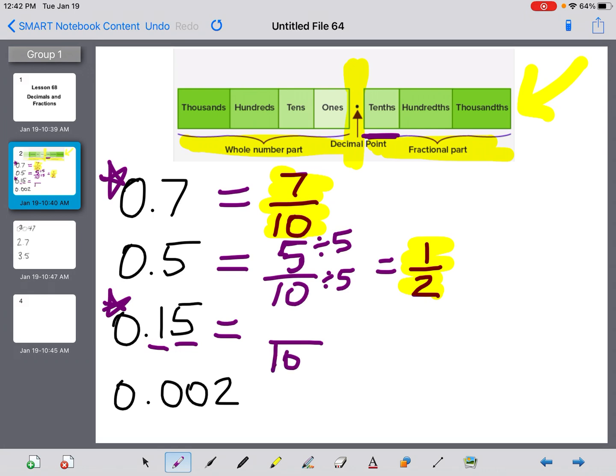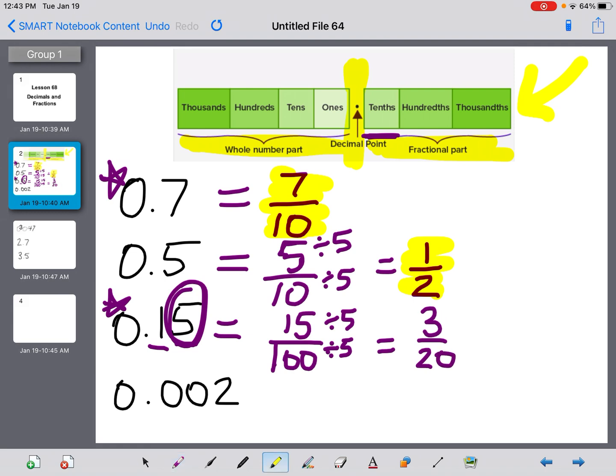So our denominator actually becomes 100, because of this last number in the hundredths place. And then all you do is you put a 15 on the top. So this is 15 hundredths, all right? And 15 hundredths is another one that's not quite in simplest form yet because we can divide both the numerator and the denominator by 5, and we end up with 3/20. Okay, and that's in simplest form.